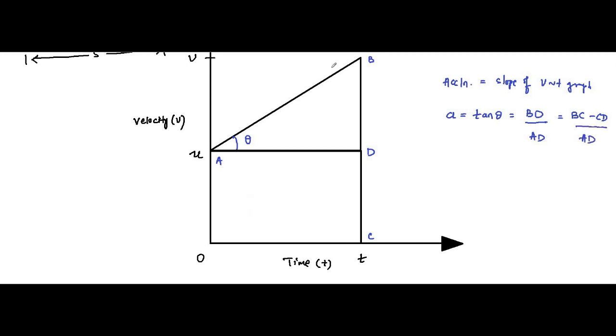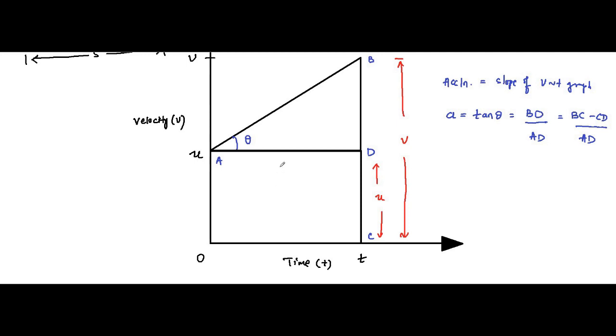Now here if you pay attention, CD is nothing but the magnitude of initial velocity. BC is nothing but the magnitude of final velocity.